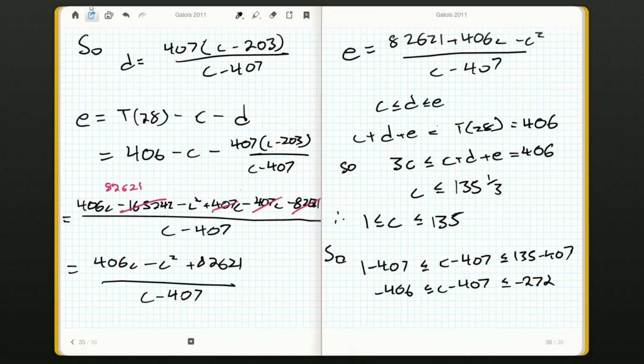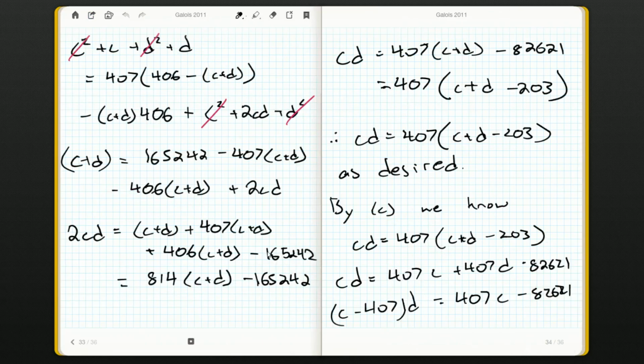I don't know, I feel like this is taking too long. Just sort of like the last one with the question 3 with that Pythagorean solution. So let's go back and take a look at the formula we figured out in the C part. Wondering if this formula CD is equal to 407 times C plus D minus 203, maybe that is more important.